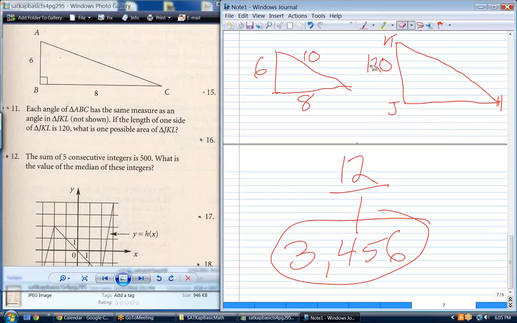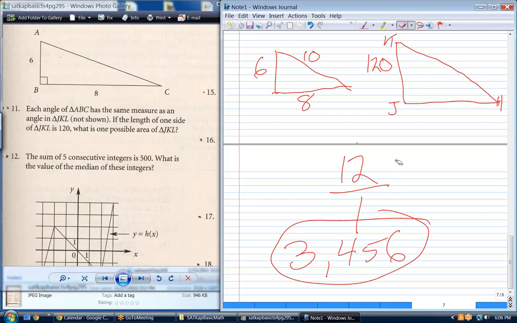Actually, so does 8. But I'm a little concerned about the fact that they said one side of the triangle. I guess that allows me to pick the hypotenuse. But usually when you're talking right triangles and you say the word side, you mean one of these two sides. You don't generally mean the hypotenuse. So for safety, it might be safer to pick one of the sides as 120.